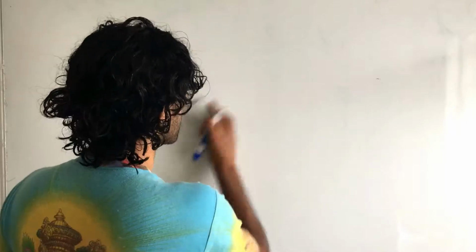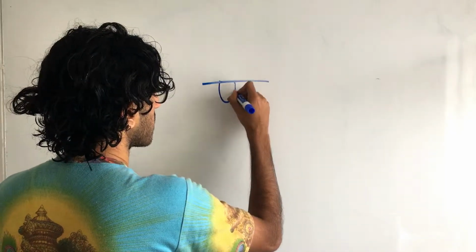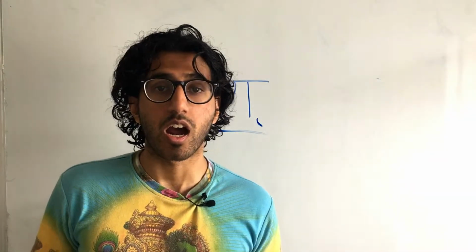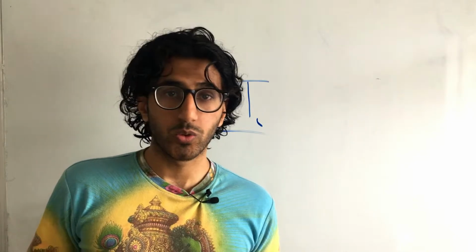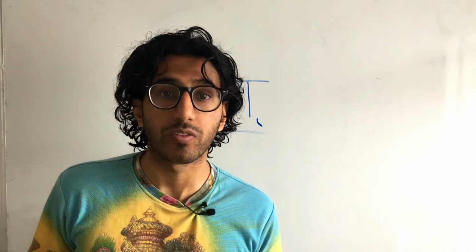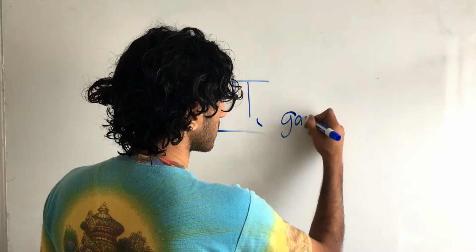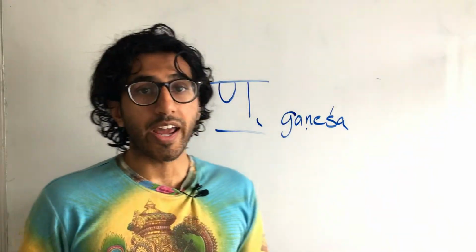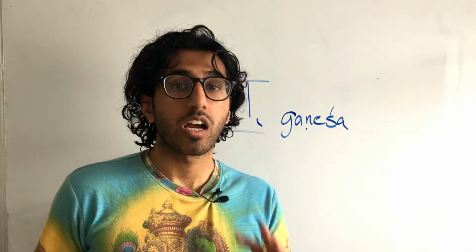And the final one, which is the nasal of the cerebrals, is this one. This one is pronounced as nna. It's kind of like pronouncing a na sound, but you're doing the cerebral of it. For example, we've heard of Ganesha. It's not Ganesh, it's Ganesha.